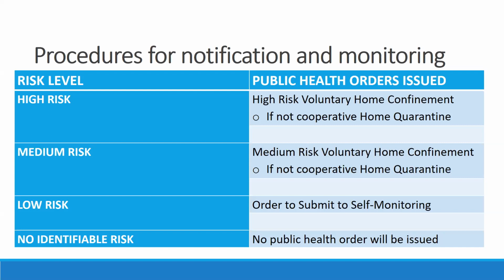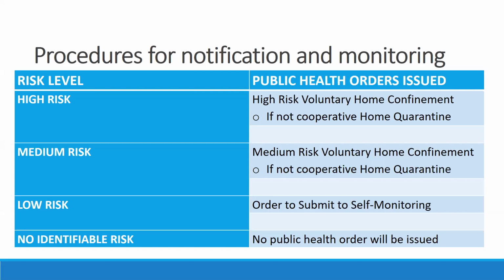If they're not cooperative with that order, we'll issue a home quarantine order. Anybody at medium risk has the same restrictions. However, they are allowed to take a walk outside, ride their bike, go jogging, and someone at low risk does not have any movement restrictions in place other than if they're going to travel long distances, they need to coordinate that with public health before they go so we can make sure and continue to monitor them when they're traveling.